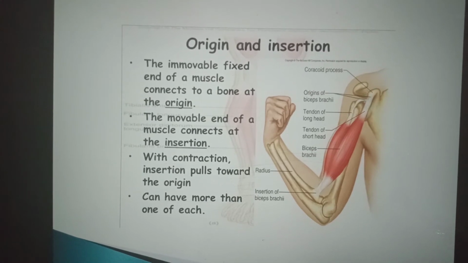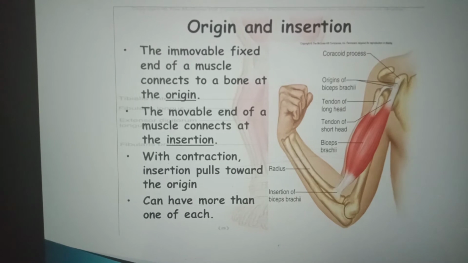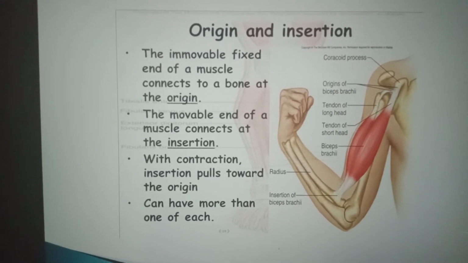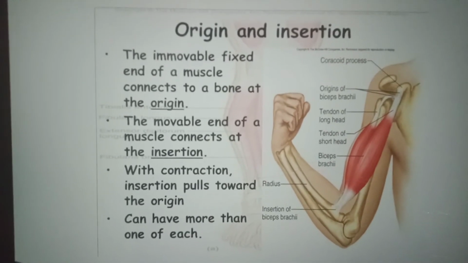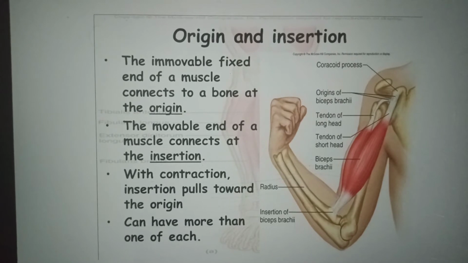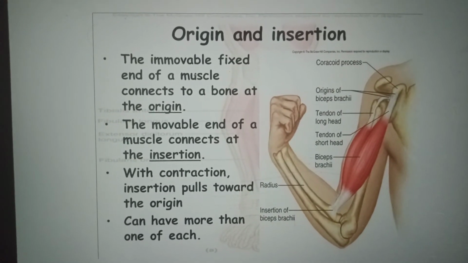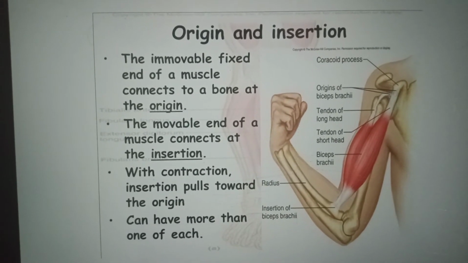One end of a skeletal muscle is always attached to some immovable bone, and this end of the muscle is called the origin. And here you can watch the origin of biceps. The immovable fixed end of a muscle connects to a bone at the origin.